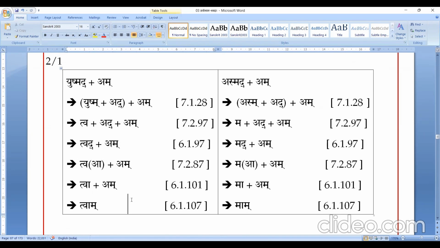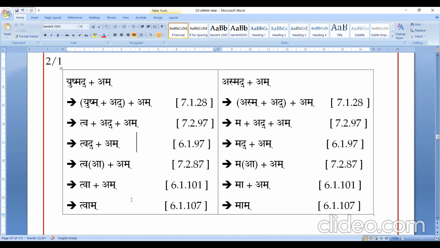This is one form: aham avam vayam, tvam tva. Another form is that we will see. Similarly, aham avam vayam, mam, that is mam ma. Another form is that we will see. So by the sutra tvamavekavachane 7.2.97, tva and ma adesha bhavati, then ekavachane, ekatva kathane, vibhakti pratyaye pare.